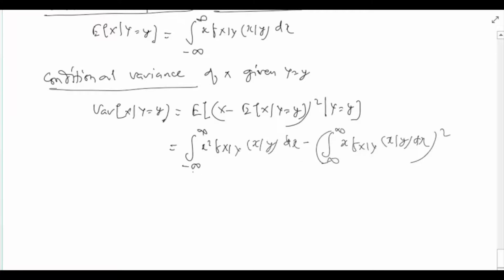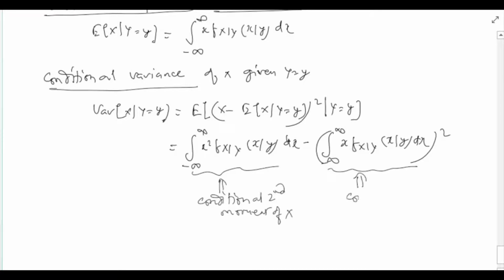As in the discrete case, the first term is the conditional second moment of x, the conditional second order moment of x, and the second term is the square of the conditional expectation. So this is the conditional expectation.